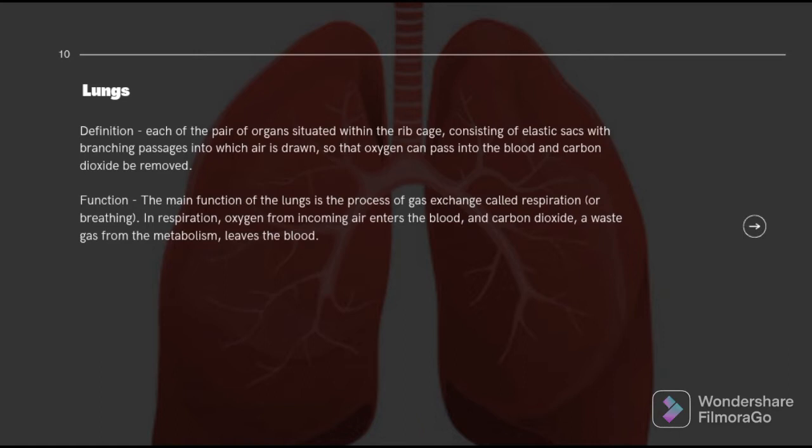The main function of the lung is the process of gas exchange called respiration or breathing. In respiration, oxygen from incoming air enters the blood, and carbon dioxide, a waste gas from metabolism, leaves the blood. The lungs' main role is to bring in air from the atmosphere and pass oxygen into the bloodstream.